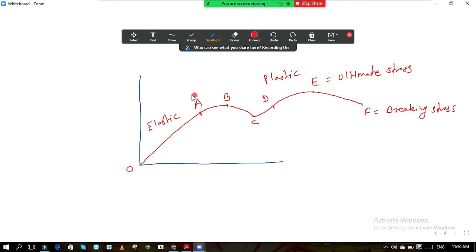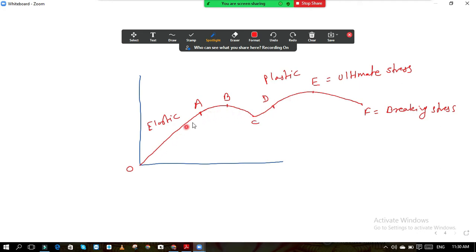But the working stress method says that you can apply the load on the material only up to point A. That is why the working stress method is less popular, it is not used. Why? Because it does not fully utilize the material strength.